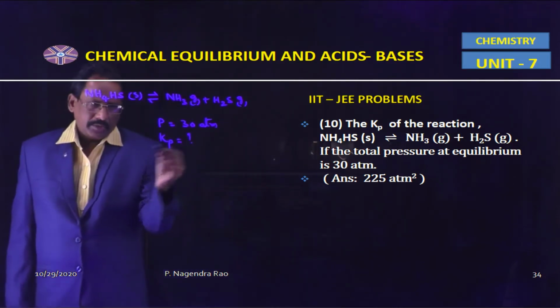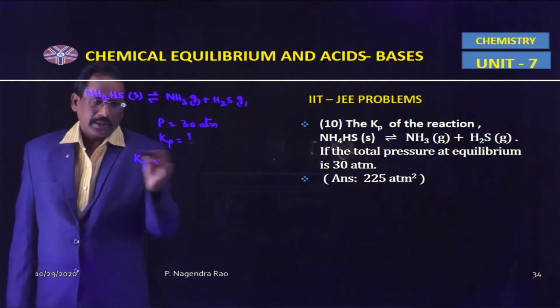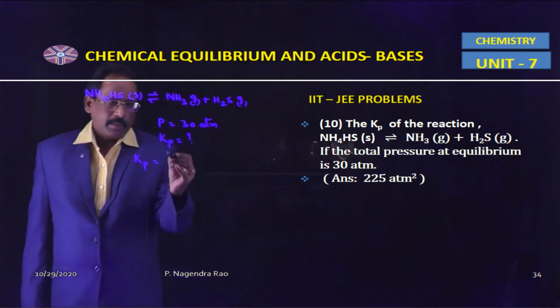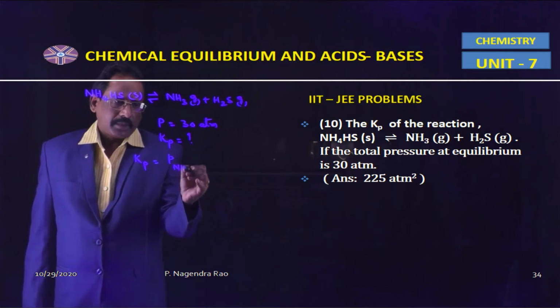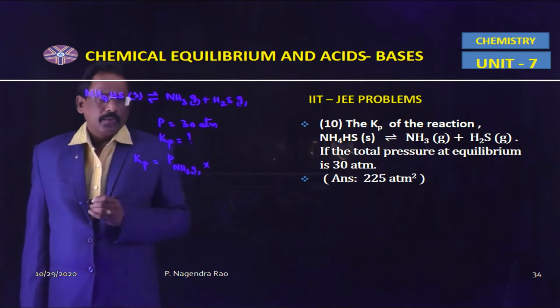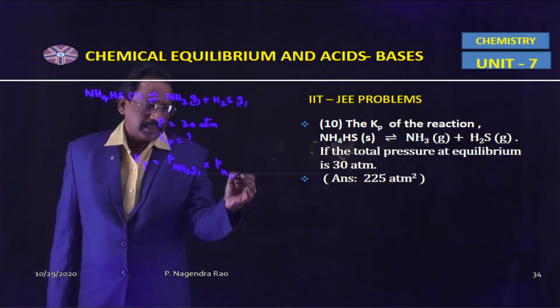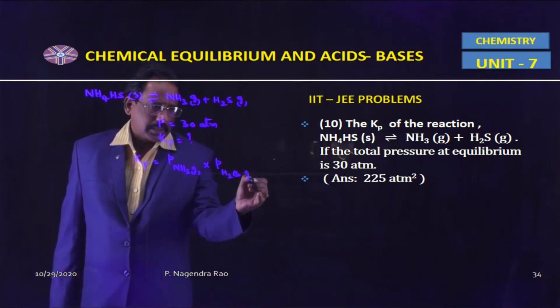Now the formula to calculate the equilibrium constant in terms of partial pressures is the product of the partial pressure of ammonia gas and the partial pressure of H2S gas.